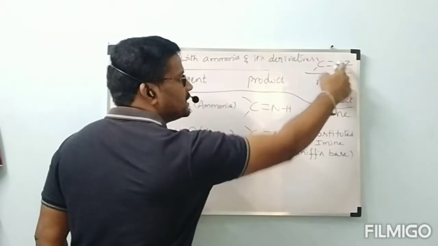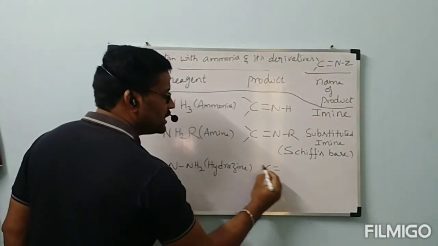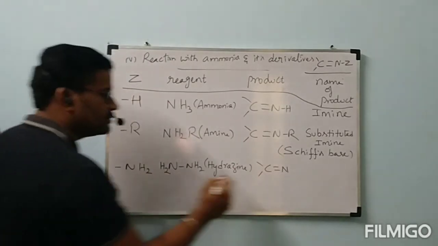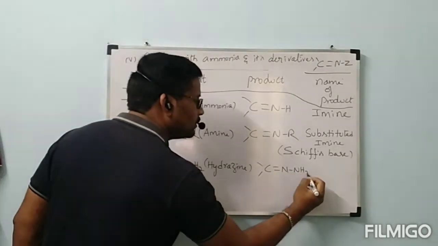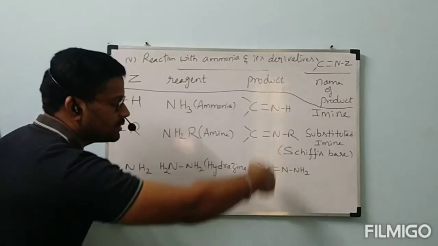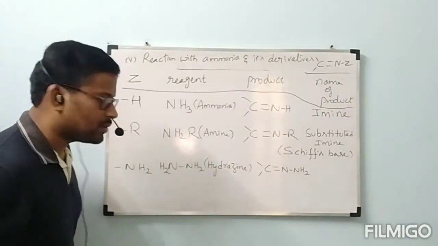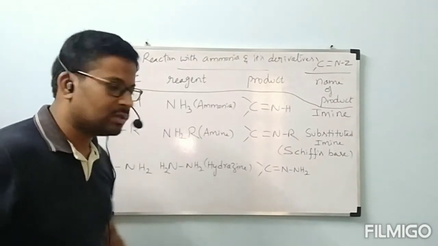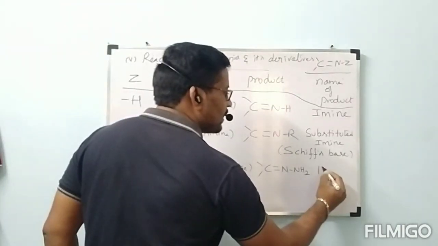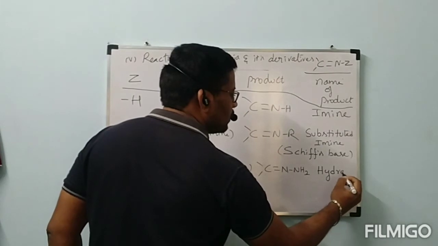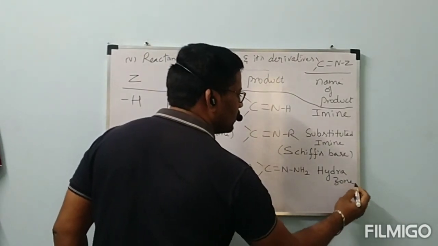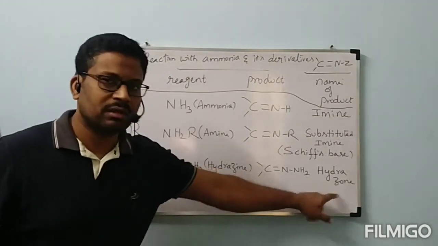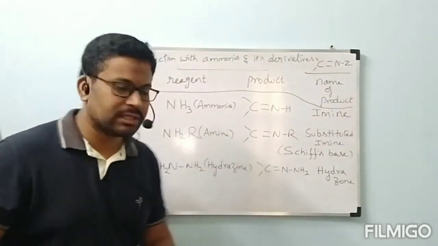C double bond NZ. What is the Z here? NH2. That is the product formed. What is the name of the product? Here, hydrazine, then that is hydrazone. The product name is hydrazone. Next.